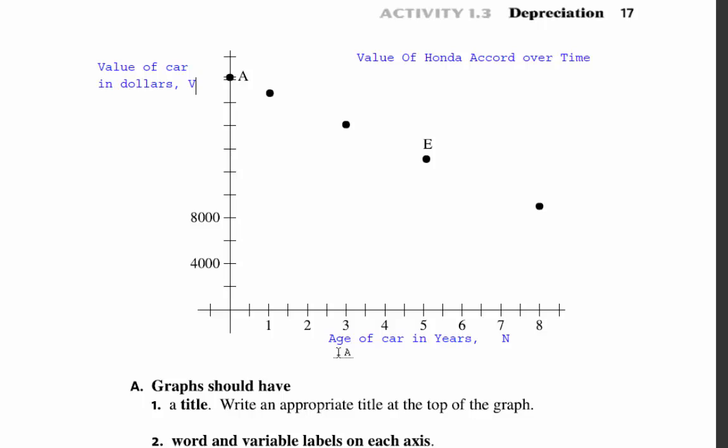My word label was age of car in years, and my letter for that would be the letter N, that's my variable. And the word label for my vertical axis is value of car in dollars, and my variable label would be this V.